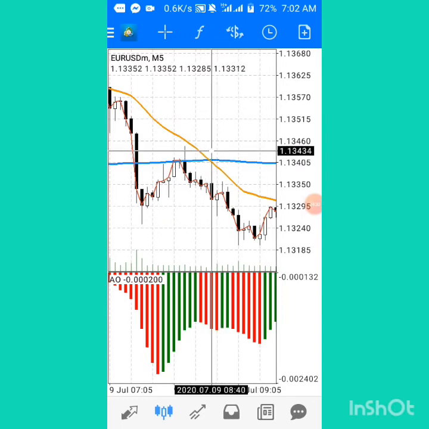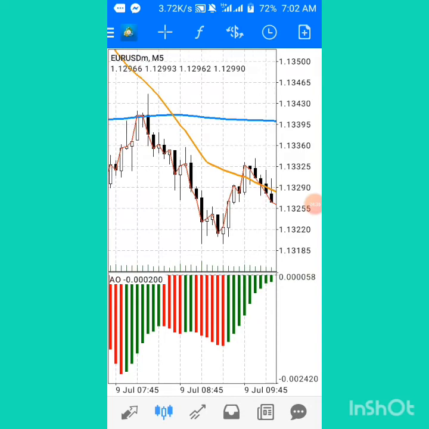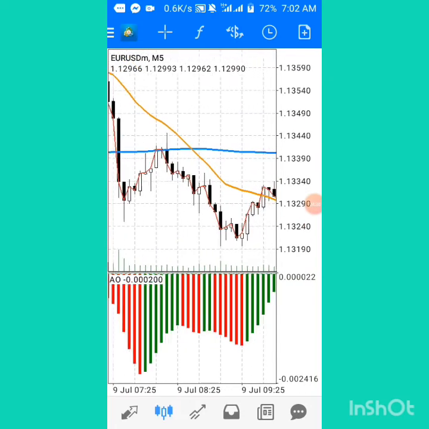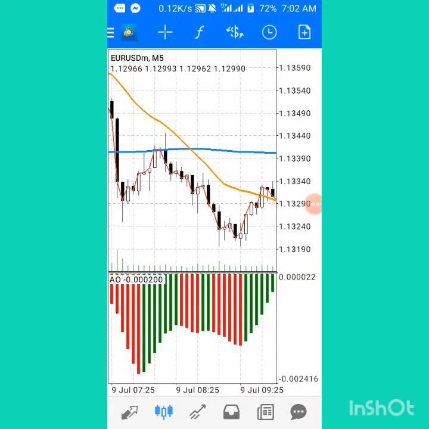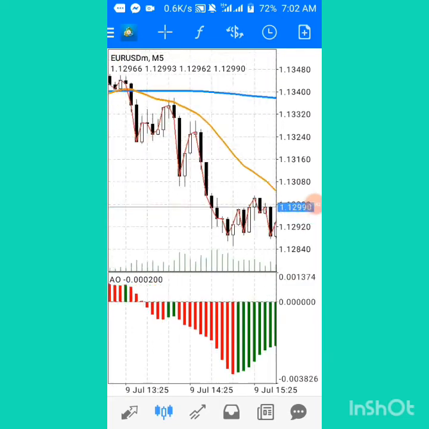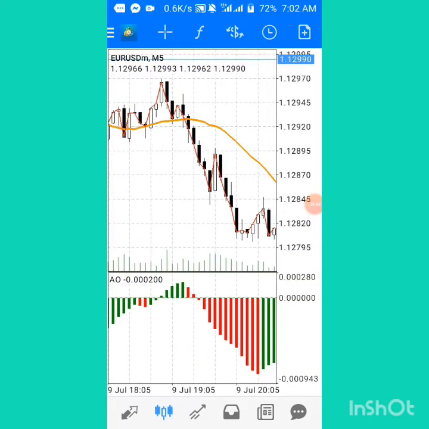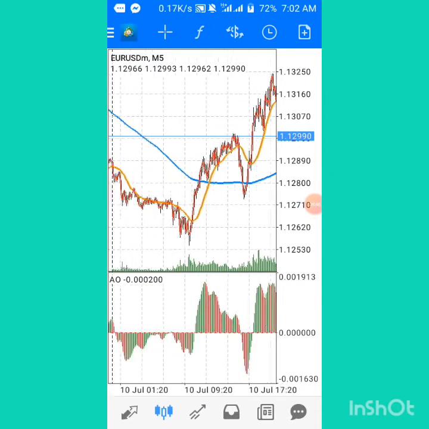Now, if there is a cross down, you look for sell. You look to go short. And if there is a cross up, you look to go long. Let's look for where it crossed up. Okay, it crossed up here. So you only place buy trades.